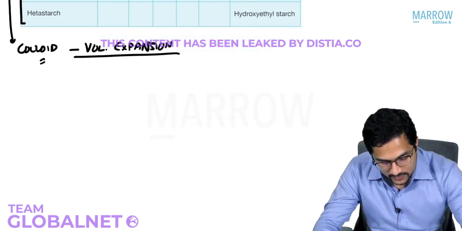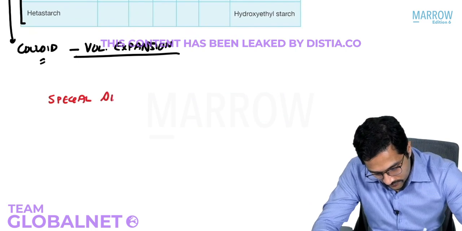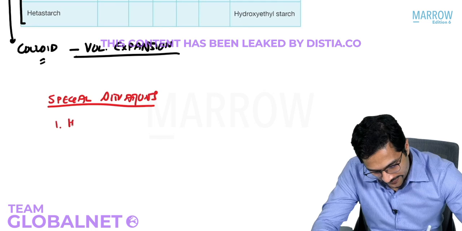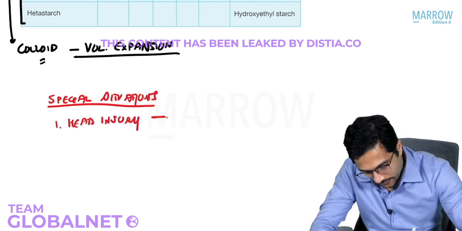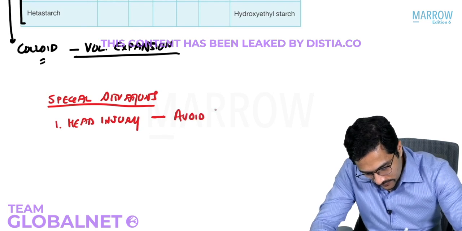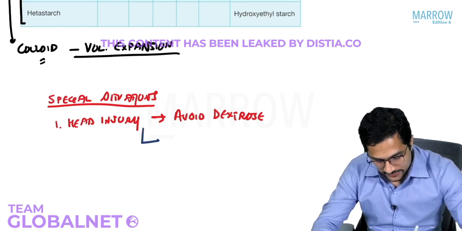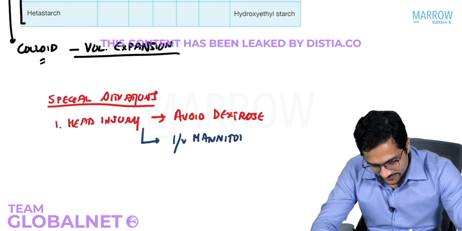Also, there are certain special situations which I want you to know. Number one, in head injury, I've already told you, we avoid dextrose, because this can worsen the cerebral edema. In head injury, we avoid dextrose, and in these patients, we give IV mannitol to reduce the intracranial tension.